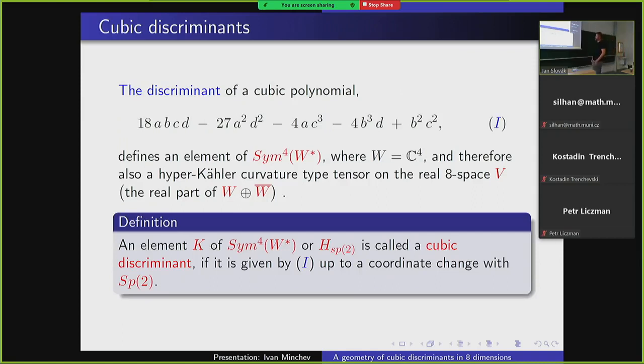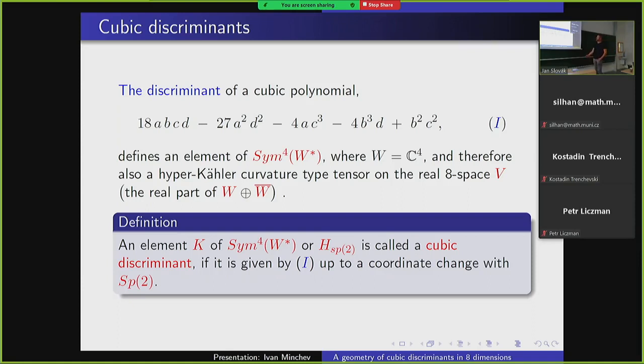And of course, I was speaking about just the formula for the discriminant, but in fact this is a whole orbit, because after a change of basis with Sp2, I obtain many other such tensors. So we get an Sp2 orbit in this space of all hyperkähler curvature type tensors. And each element of this orbit we will call a cubic discriminant.